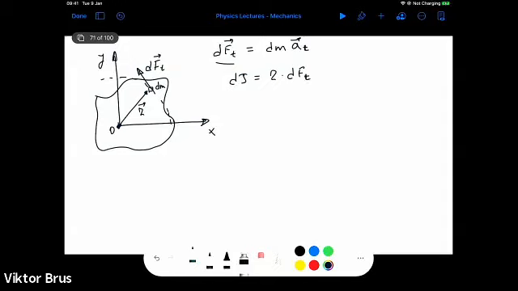And assuming the definition of this force, we can write that it's r times dm times at.